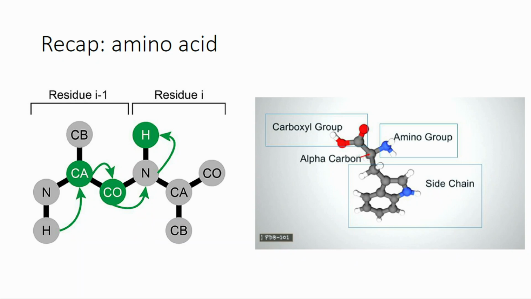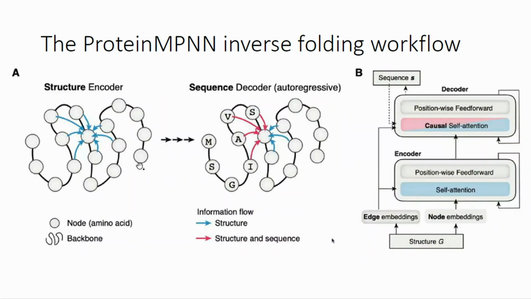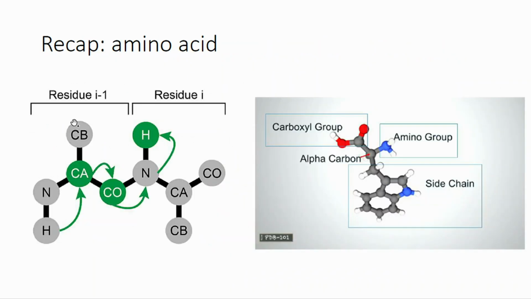So when we talk about the backbone in structures, a lot of the time it actually means the geometric information of the backbone atoms, which is the N, C alpha, C, and O. There are 4 atoms, because the positions of these 4 atoms uniquely determine the geometry of your backbone already.